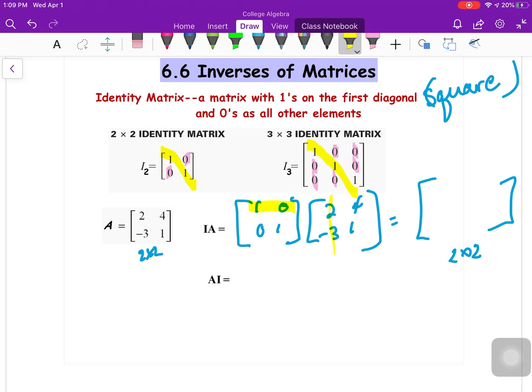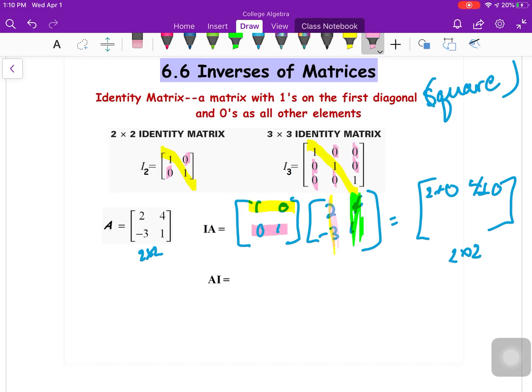So row 1 by column 1 gives me 2 plus 0, row 1 by column 2 gives me 4 plus 0.